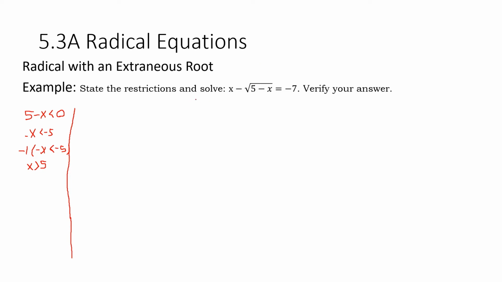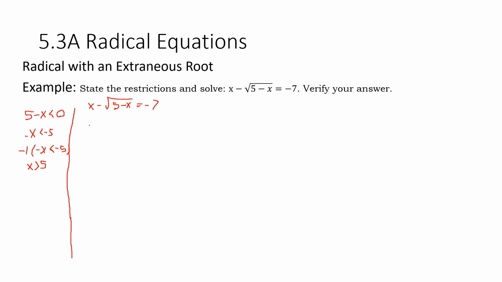Let's solve this. It's a bit of a haul here, so try and make sure there's lots of space. So x minus the root of 5 minus x equals negative 7. Let's start by subtracting x from both sides.